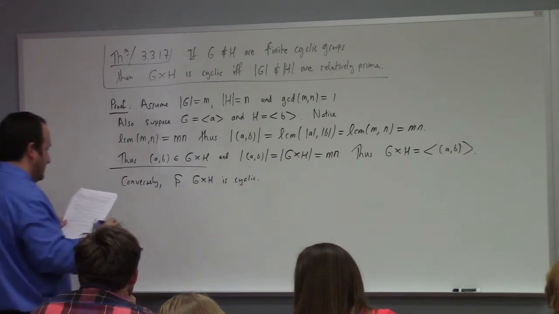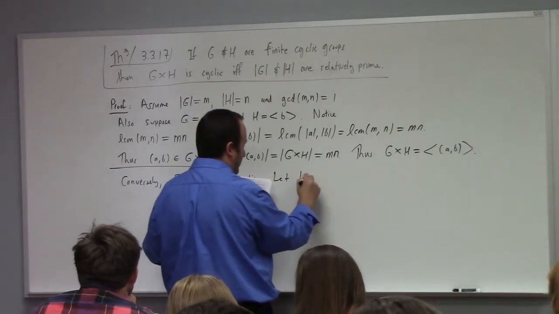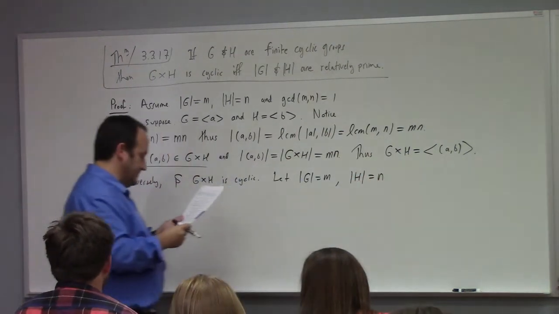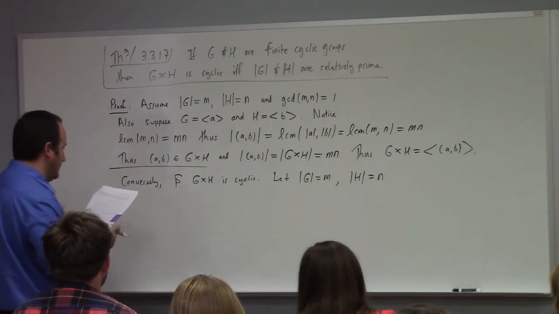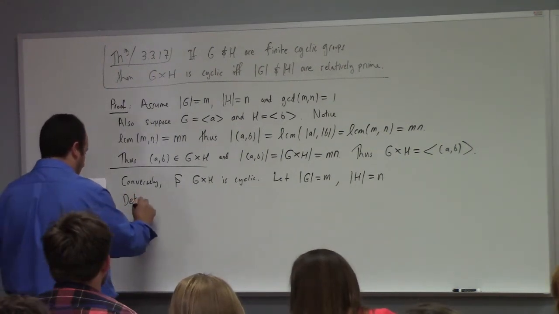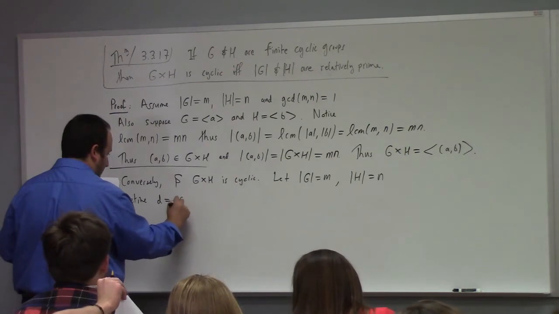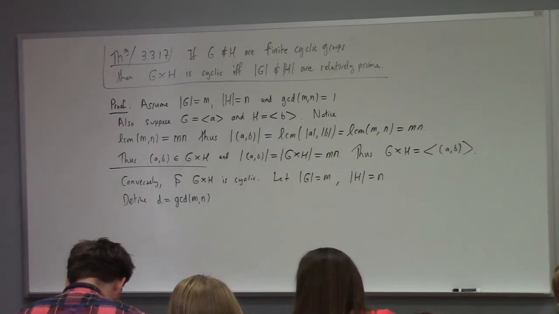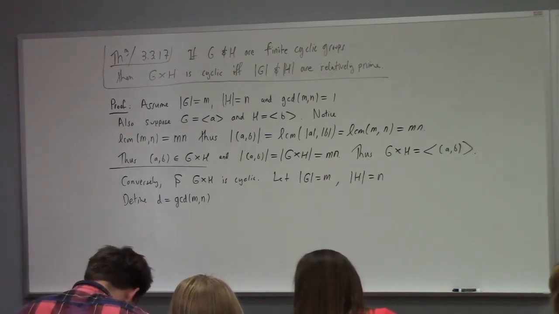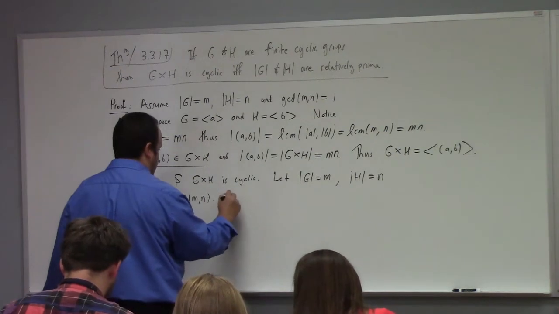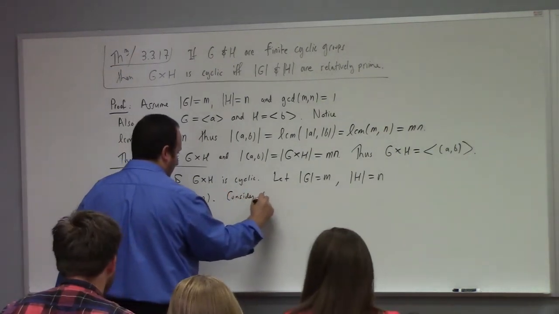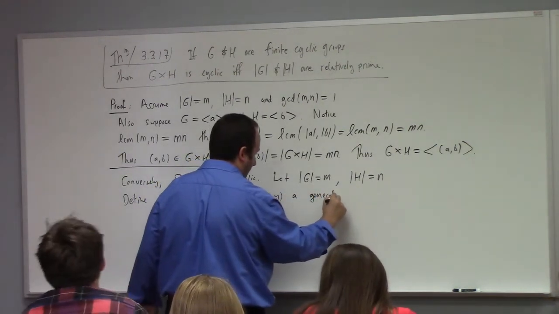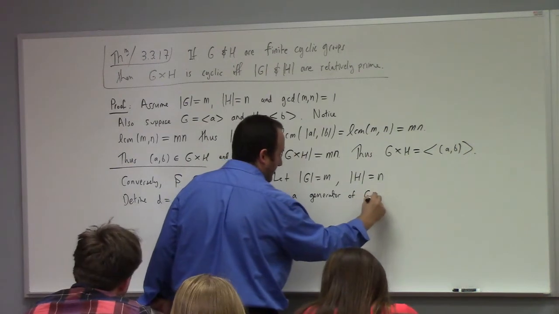And let the order of G be M and the order of H be N. And define D as the greatest common divisor of M and N. All right, so consider (x, y), a generator of G cross H, yeah?